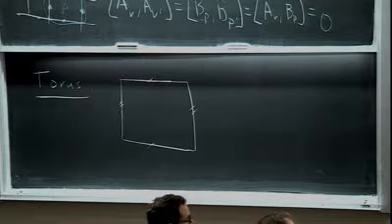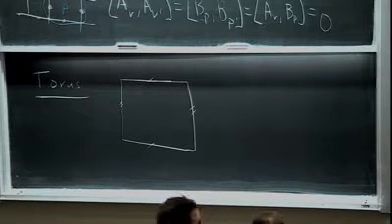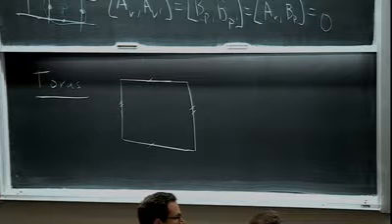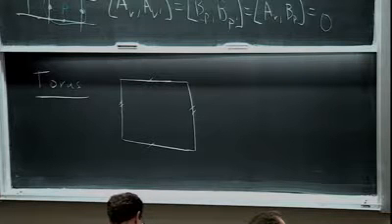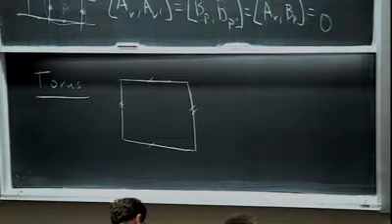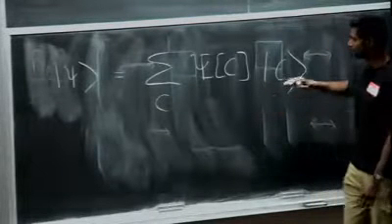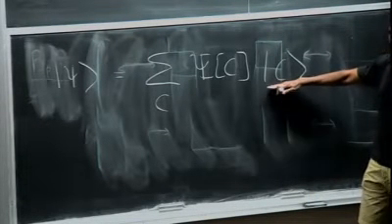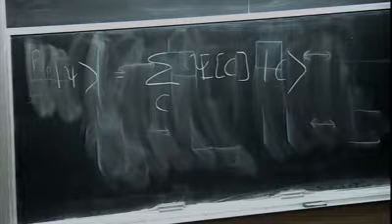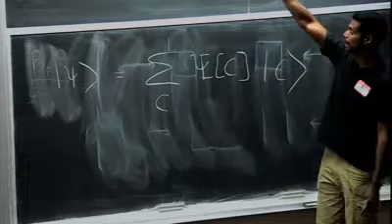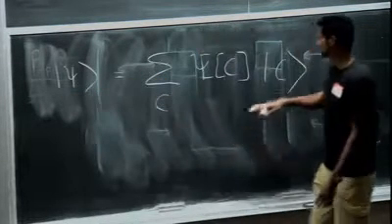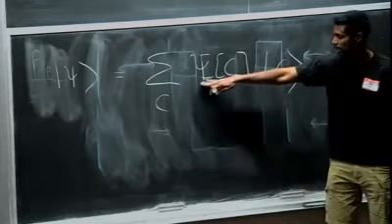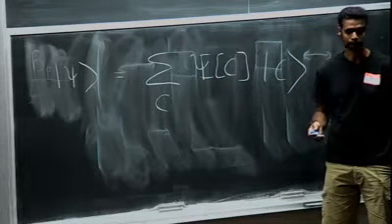It can be any one of these configurations of curves. But for low energy properties, let's assume that J1 is going off to infinity. We only want to consider closed loop configurations, possibly intersecting. Then this is a basis of all the states with energies much less than J1. When I write down that there's some wave function like that, what I mean is I'm taking an arbitrary state, I'm expanding it, and the psi sub c's are the coefficients in that expansion.